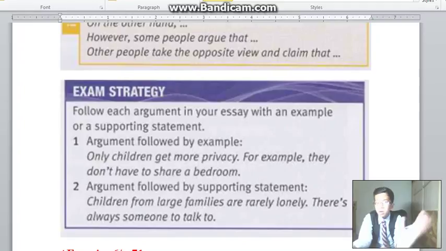You can put it wherever you want. But remember, when you put an argument, please give an example to prove that you are truly arguing. So now we're going to do exercise number 6.